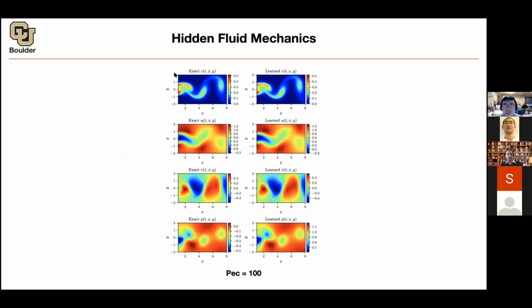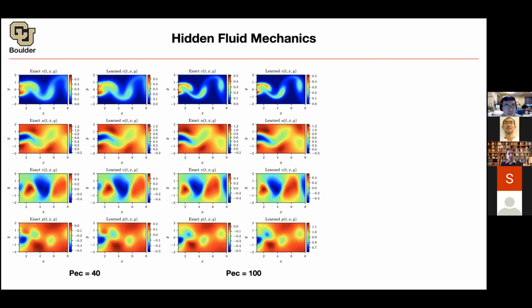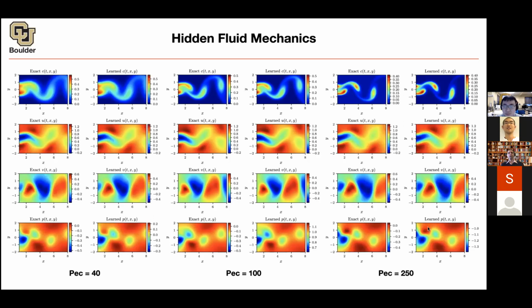Reynolds number was 100. Being smaller than the Reynolds number and being bigger than the Reynolds number. So the Peclet number doesn't really matter. You can actually learn it from this data. You can actually learn not only the Peclet number, you can actually learn the Reynolds number as well, or the fluid property.